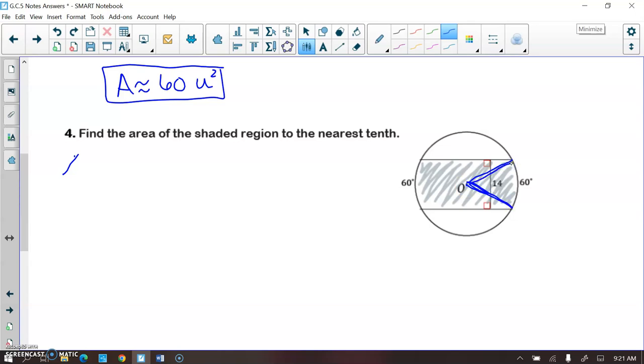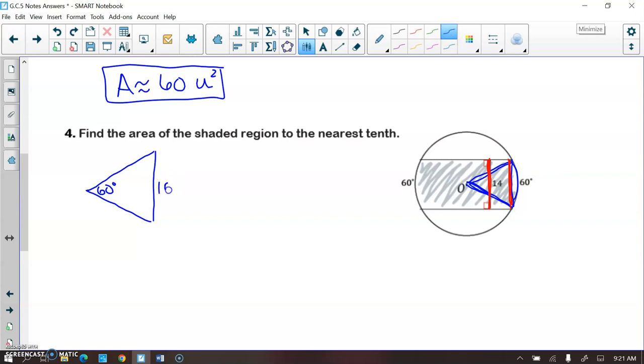I'm going to pull that out. This arc is 60 degrees, which means the central angle is 60 degrees. This is 14, and that's going to be the same length as this part of my triangle.